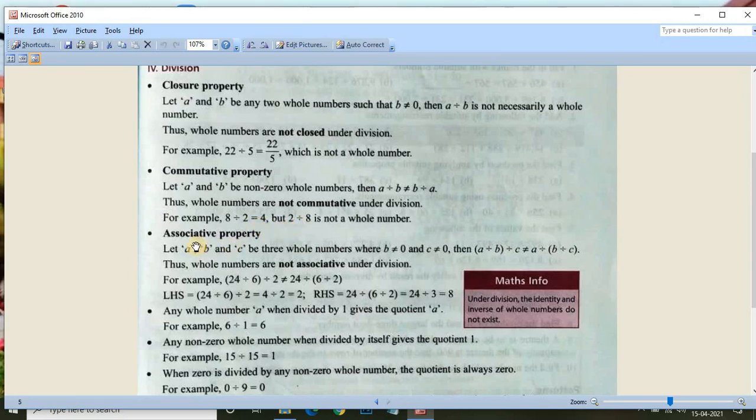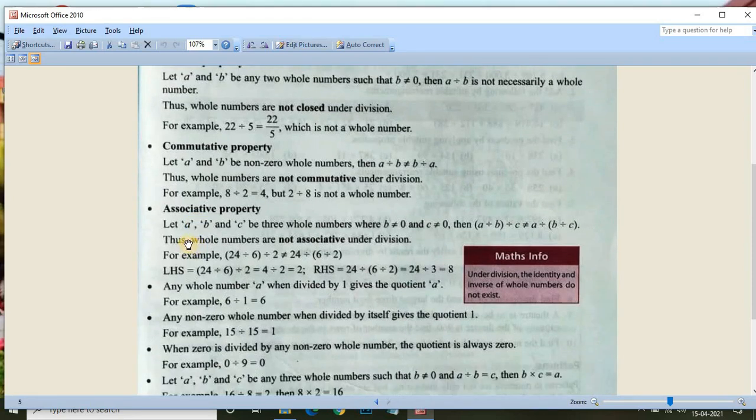Now come to associative property. Let a, b and c be three whole numbers where b is not equal to 0 and c is not equal to 0. Then (a divided by b) divided by c is not equal to a divided by (b divided by c). Now just solve it.